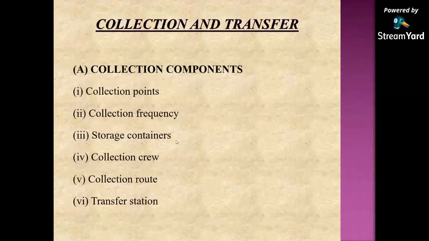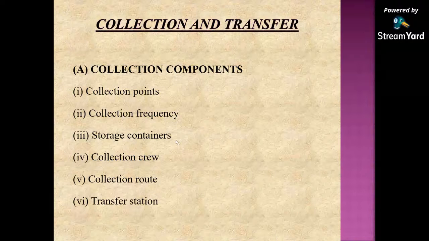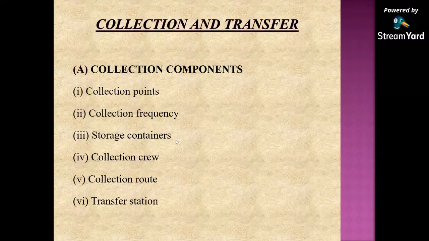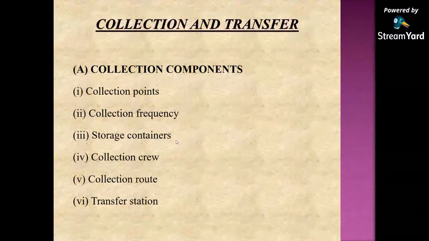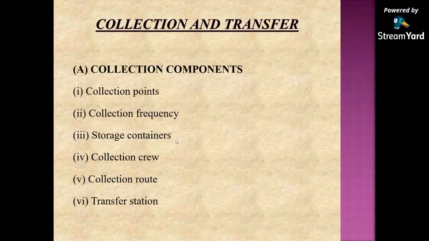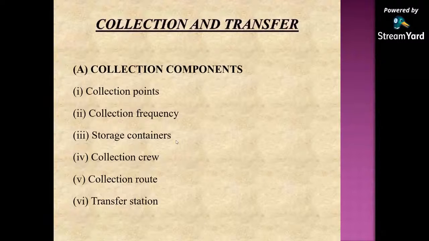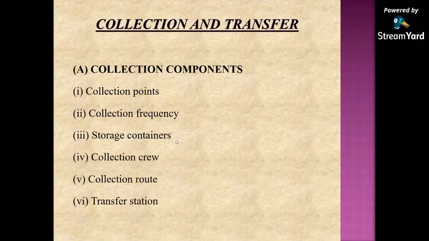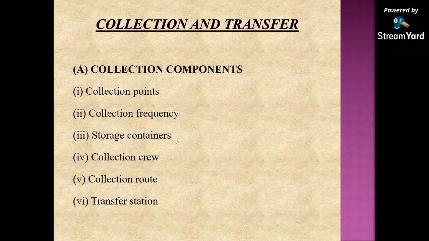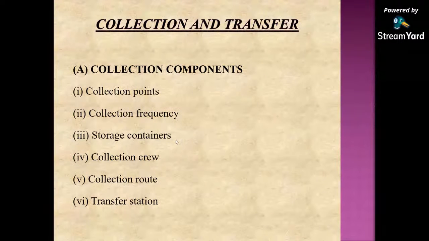If the disposal site is far from the collection area, it is justified to have a transfer station where smaller collection vehicles transfer their load to larger vehicles. In some instances, the transfer station serves as a pre-processing point where waste is dewatered, scooped, and compressed. Centralized sorting and recovery of recyclable material are also carried out at the transfer station.